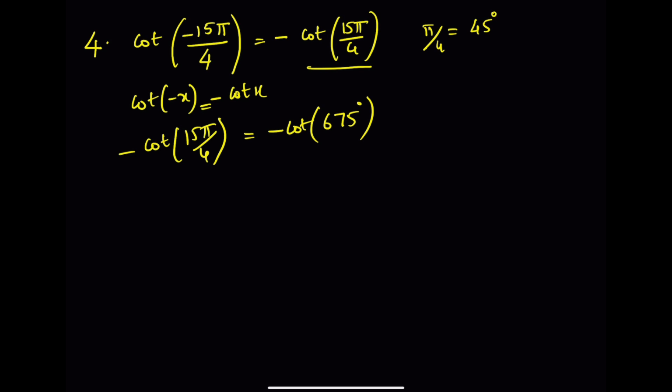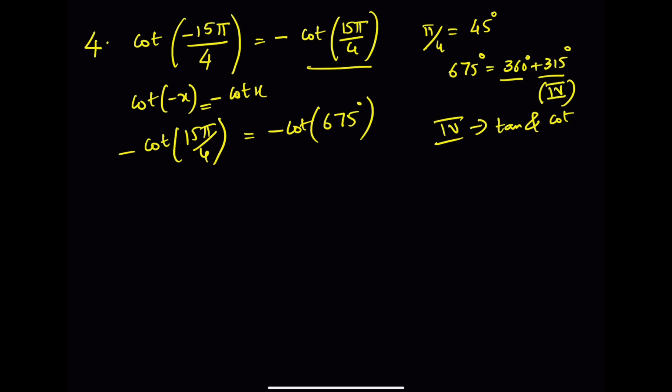Now 675 degrees is 360 degrees plus 315 degrees. That means one full rotation is completed and 315 degrees is in the fourth quadrant. And in the fourth quadrant, tan and cot are negative, because only cosine and secant are positive in the fourth quadrant.